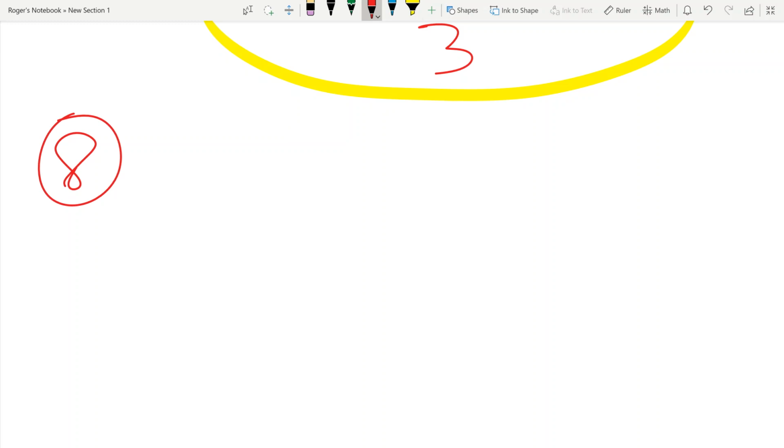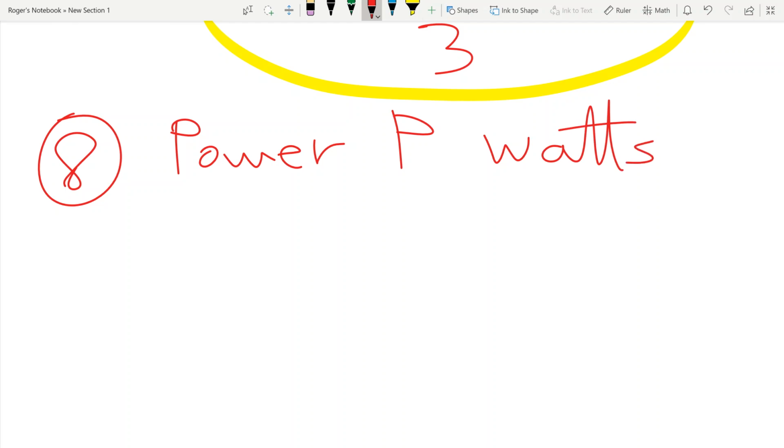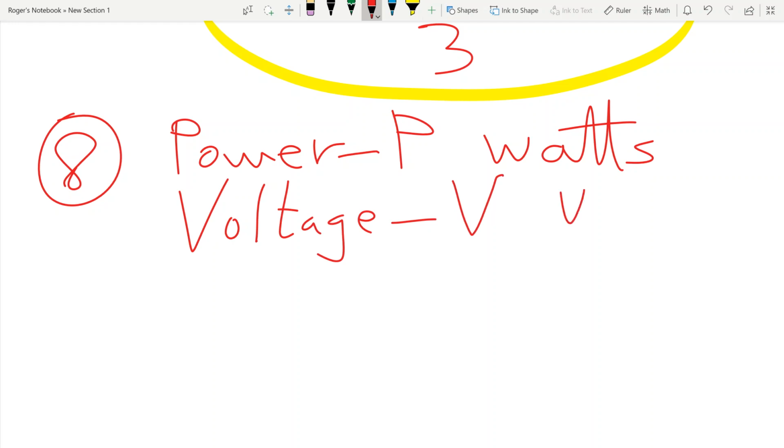We're going to be relating 4 things here. Power, which is measured in watts. We use P to represent power, and it's measured in watts. Then we're going to be also talking about voltage, which we represent by V, which is measured in volts.